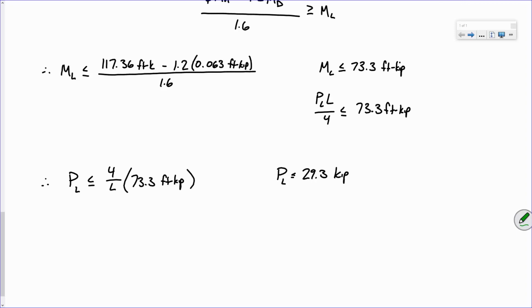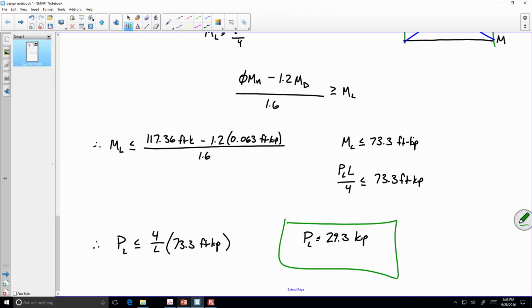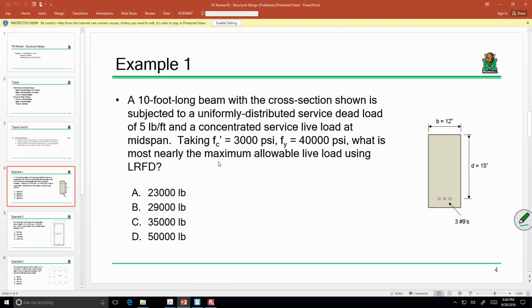So what this is saying is that in order to meet strength requirements, that live load must be less than or equal to 29.3 kips. So if I go back to the example, what is most nearly the maximum allowable live load using LRFD? It's B.